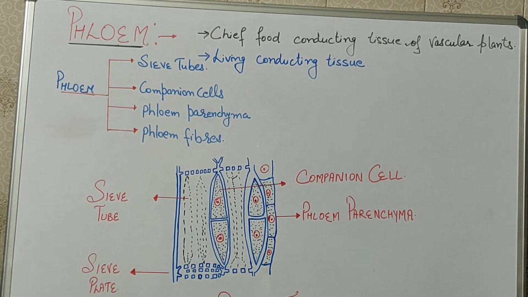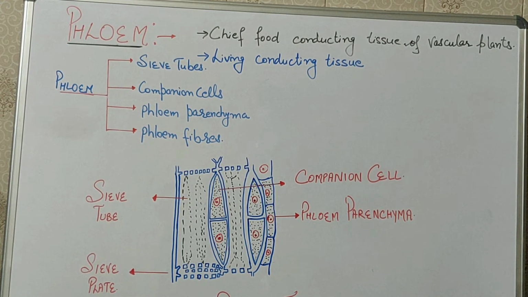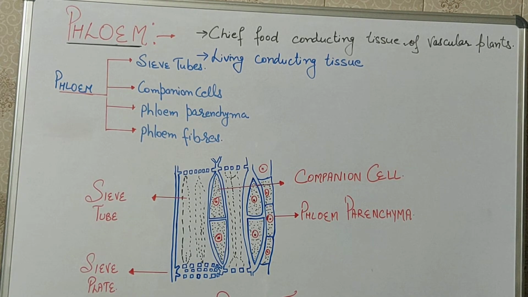Phloem is a complex permanent tissue responsible for conduction of organic materials in the plant body from the region where it is synthesized to the region where it is required.